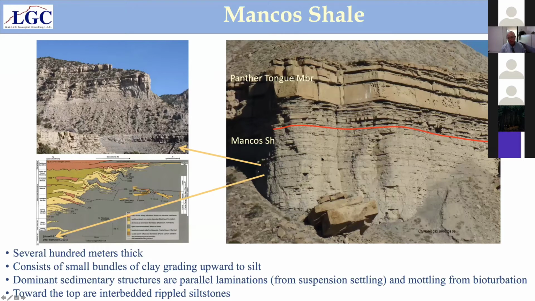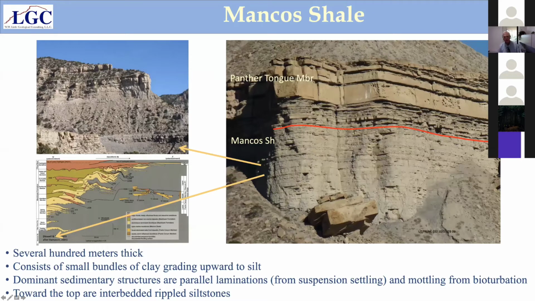But occasionally there's an event that brings a little bit of silt out here, and there's some traction deposition as well. So looking at this diagram on the left, the dark green material is down here at the very bottom of the diagram. Okay, the Panther Tongue.